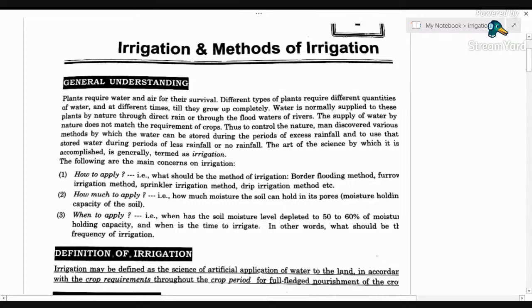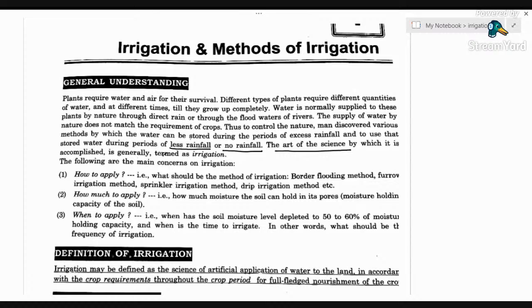Irrigation is generally required when there is less rainfall, when there is no rainfall. So this is the art of science by which the growth of crop, the crop yield, is accomplished by artificial application of the water. That is basically called irrigation.